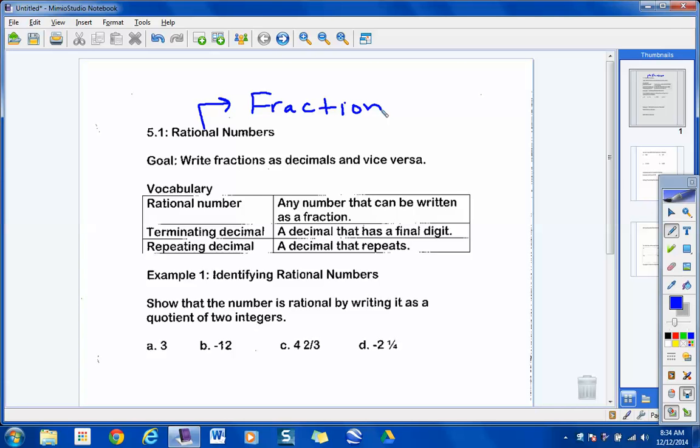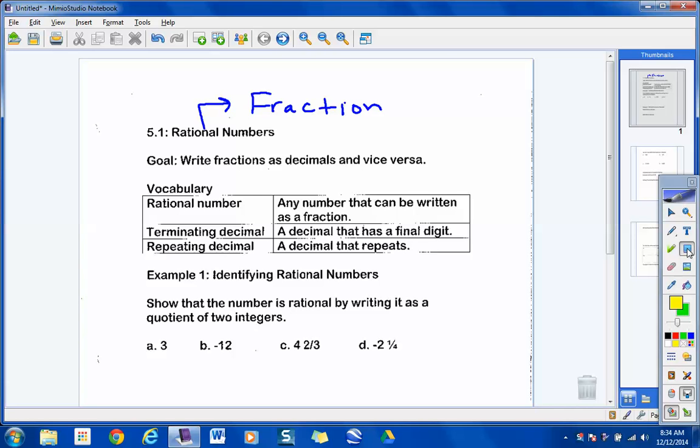So our goal today is to look at writing fractions as decimals and then vice versa, turning decimals back into fractions, okay? I don't doubt that you know what a fraction is, and I would say, yep, I already know what a decimal is, okay?